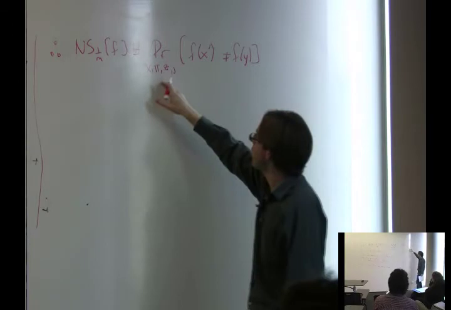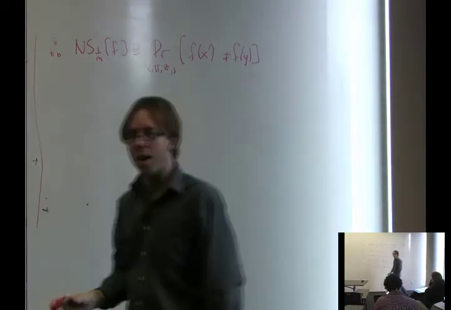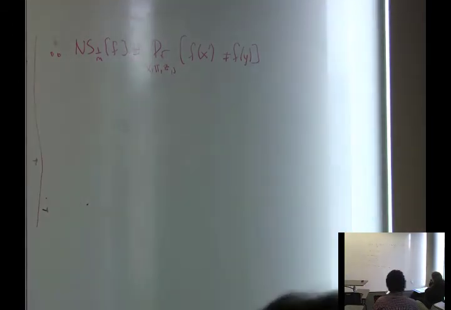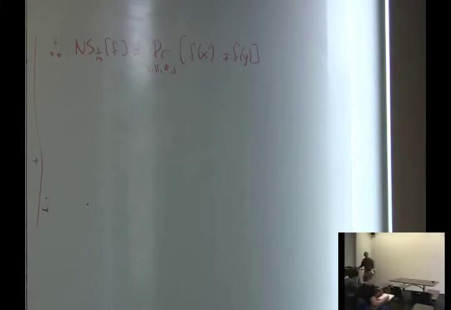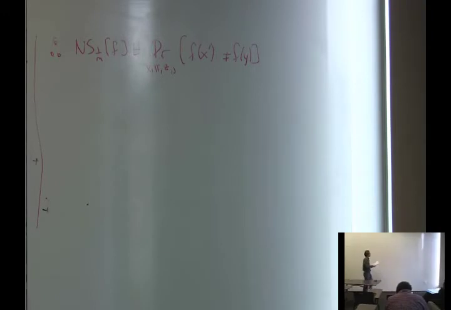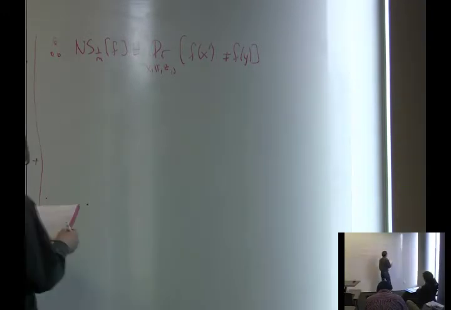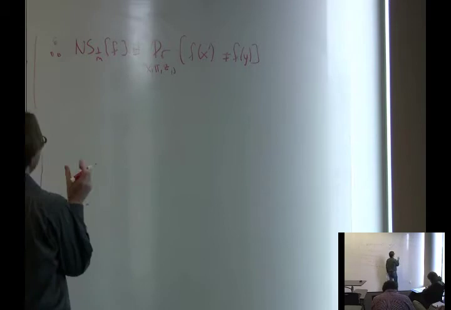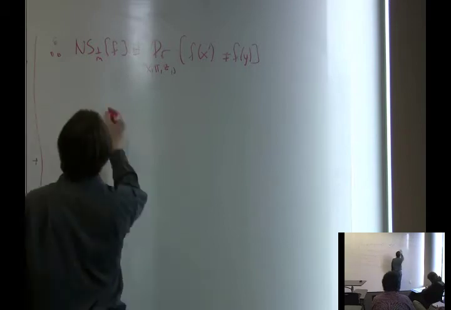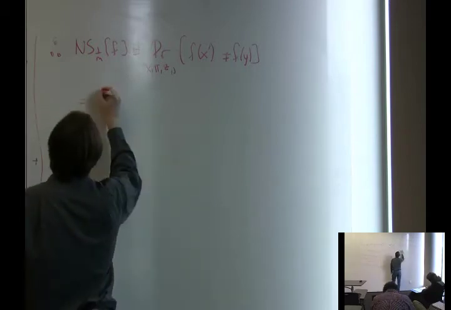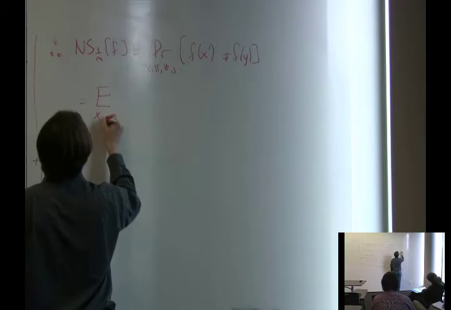And x, pi, z, and j define x prime and y. Okay, that looks weird. Hopefully you'll see where this is going soon. So now I'm just going to break it up by first doing x and pi, then doing z and j. You can break that up by doing an expectation of the probability.